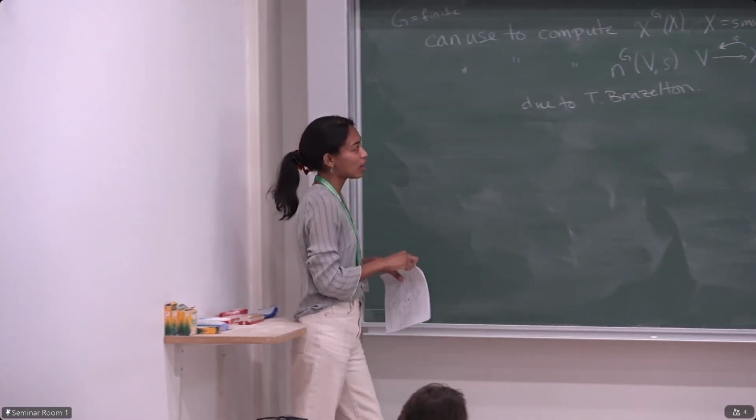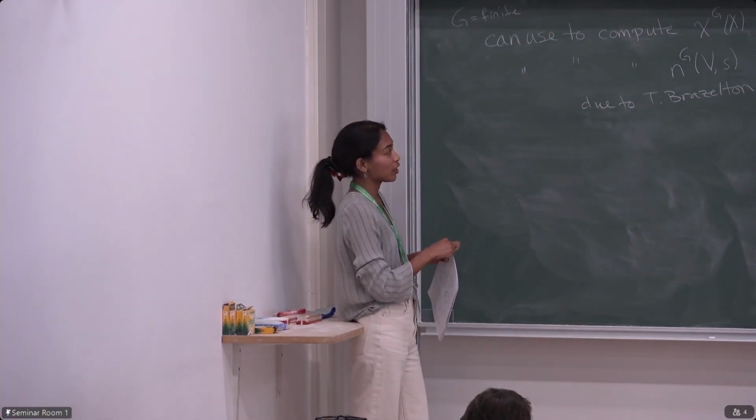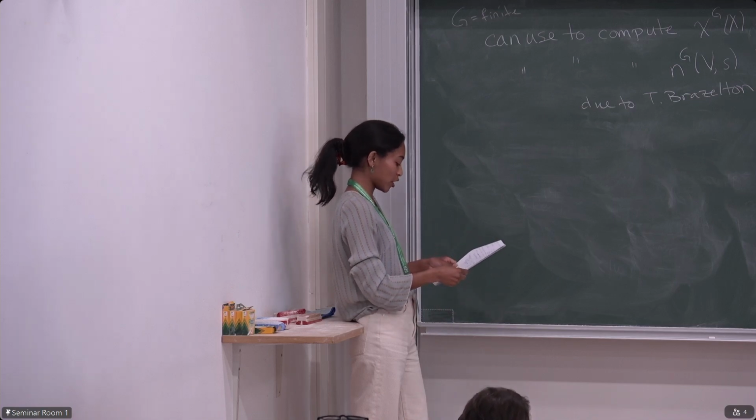And anyway, we show that degrees and local degrees can be used to compute the Euler characteristic and the equivariant Euler number.